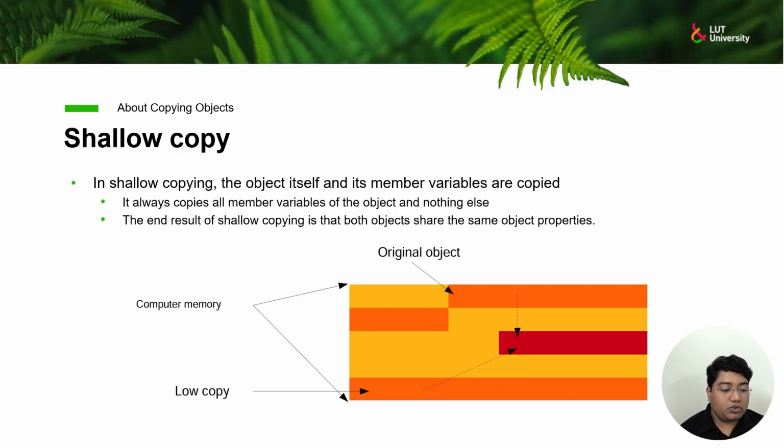Now let's move to shallow copying. Here, unlike references, shallow copying does create a second object. If you look at the diagram, you will see two separate objects. Each one has its own member variables. So far, that sounds perfect, but the problem is hidden inside the pointer member.